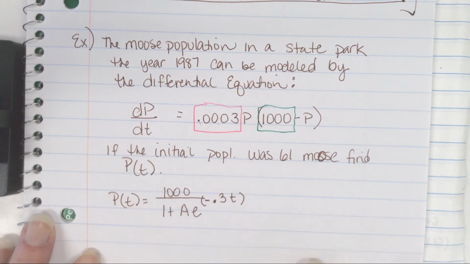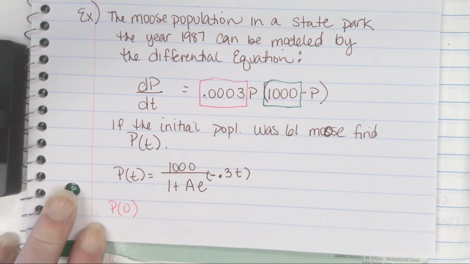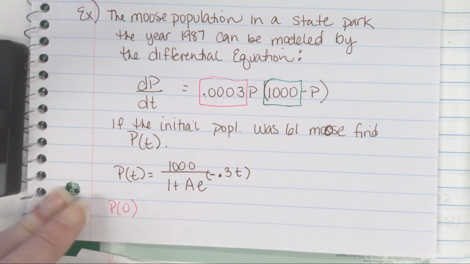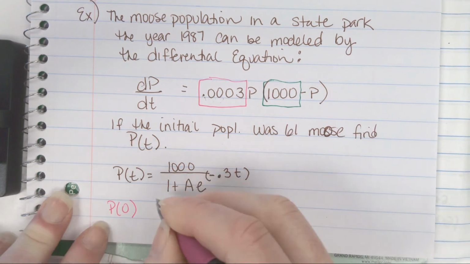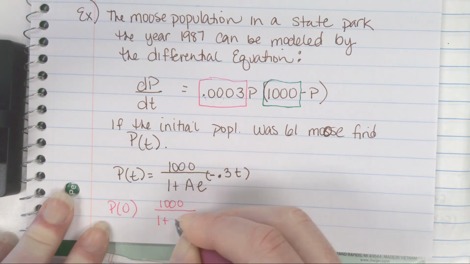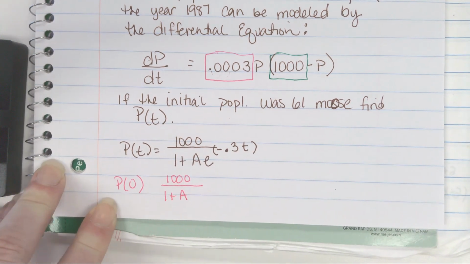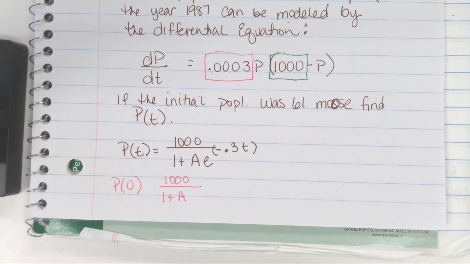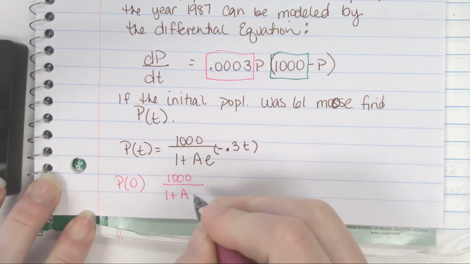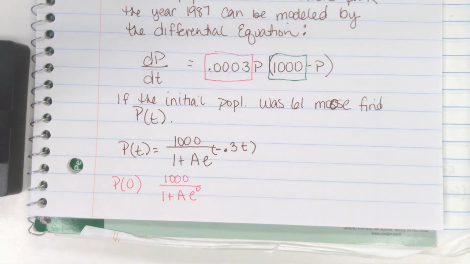So I'm going to use the initial value. An initial value means that t is 0, and I'm going to plug that in. That gives me 1000 over 1 plus A. Why does it give me just 1 plus A? Because this would give me e to the 0 power, and what's e to the 0 power? 1.